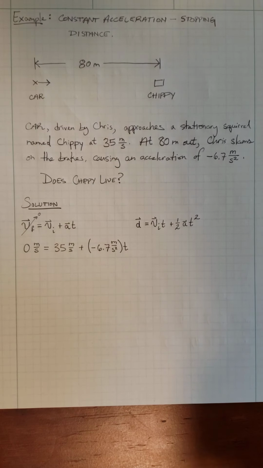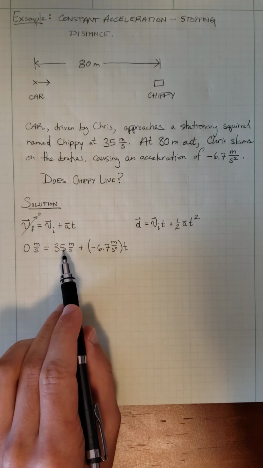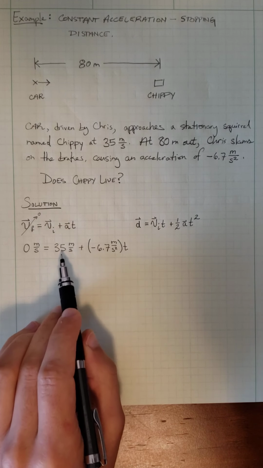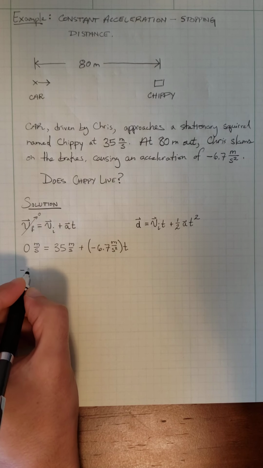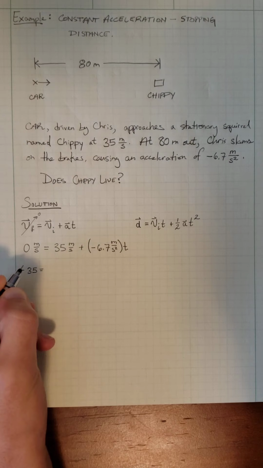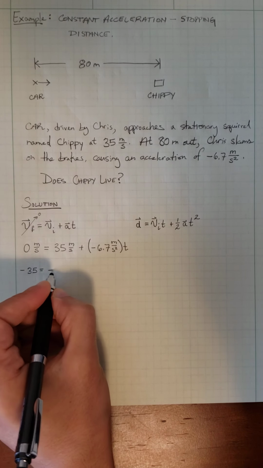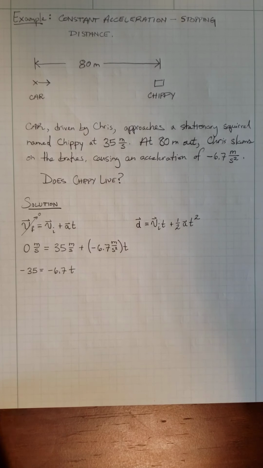Now, I'll show my work, even though it might be unnecessary. If I want to solve for t, I'm going to subtract 35, and I get minus 35 equals minus 6.7 t.